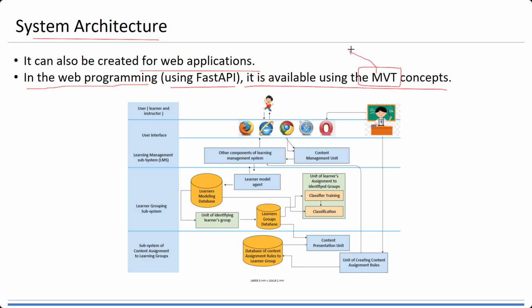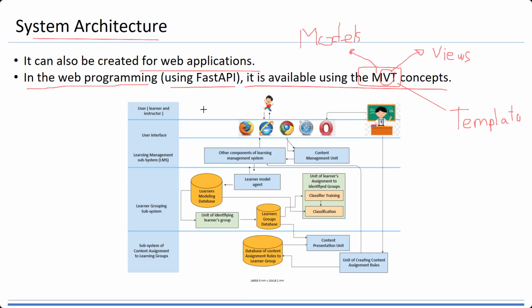M is for the model. V is for the view. T is for the template. This is one of the concepts that we can use to show the system.